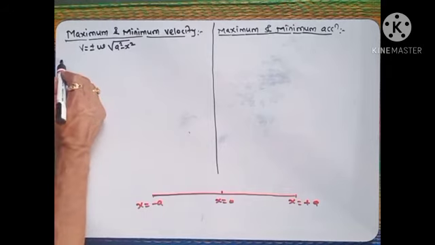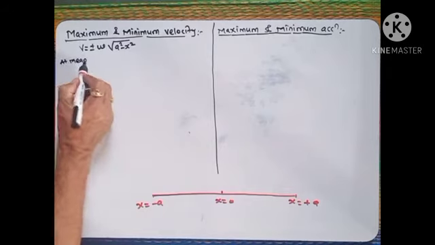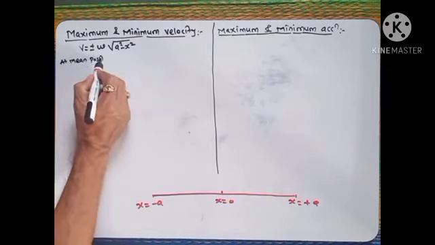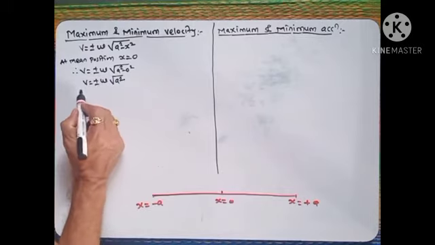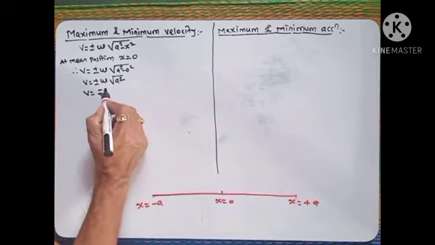Now at mean position, x equal to 0, and therefore v equal to plus or minus omega root a square minus 0 square, means v equal to plus or minus omega root a square, or v equal to plus or minus a omega, and this velocity we call a maximum velocity.